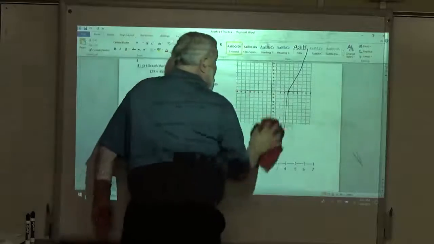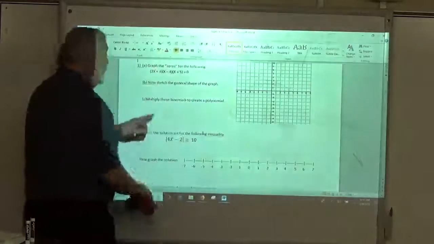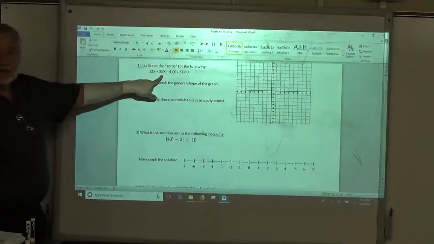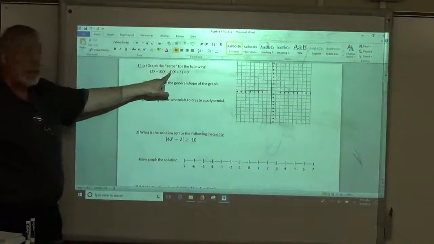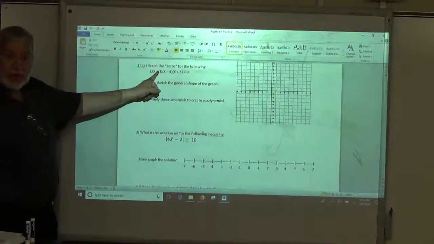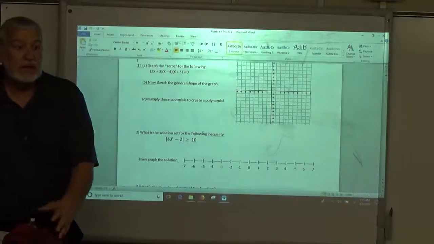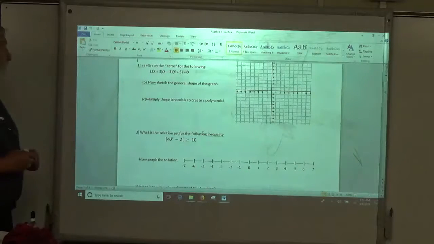Now, how would you get the polynomial based on this? That's binomial multiplication, right? That is on the test. You got to be able to take these, multiply them together, and then multiply them by that, and then collect your like terms and come up with a polynomial. I know one thing.